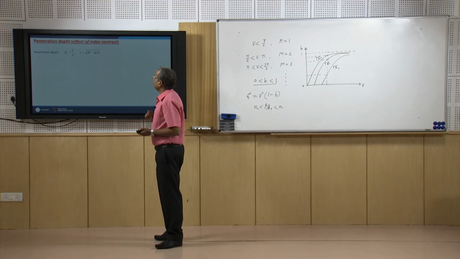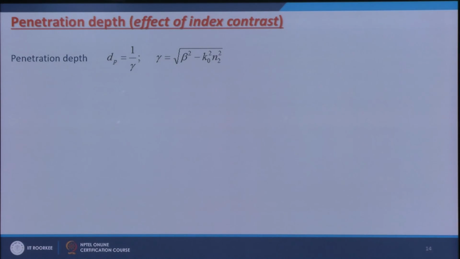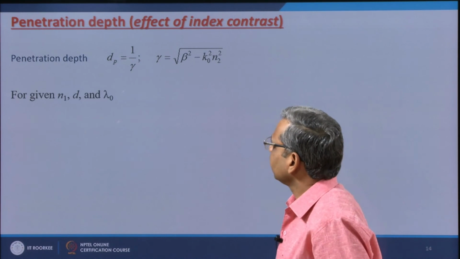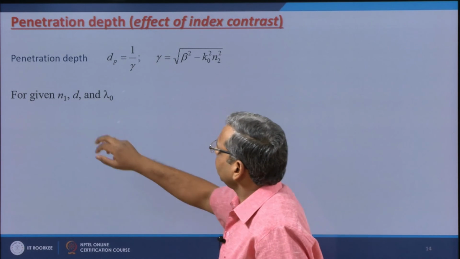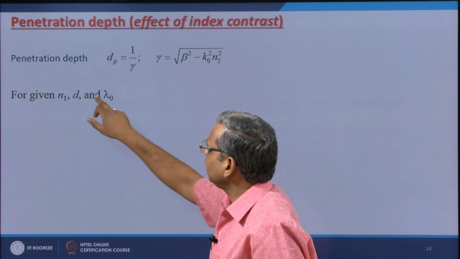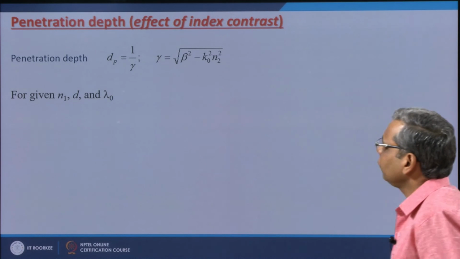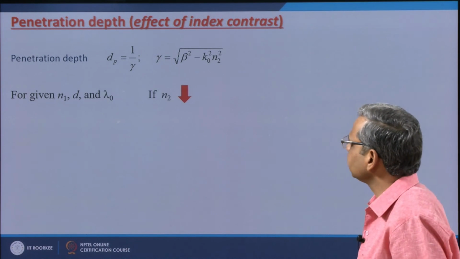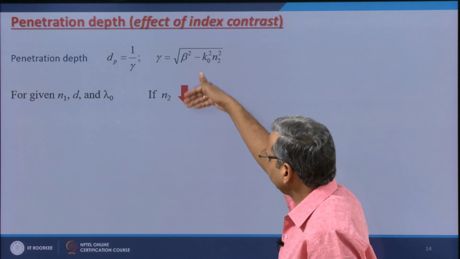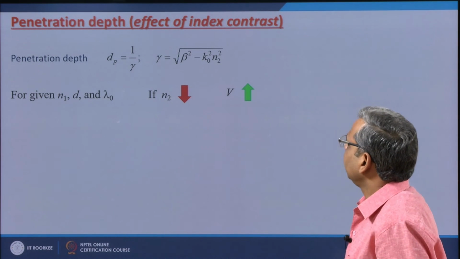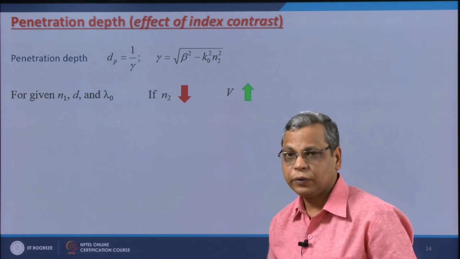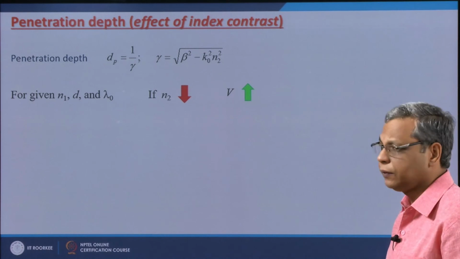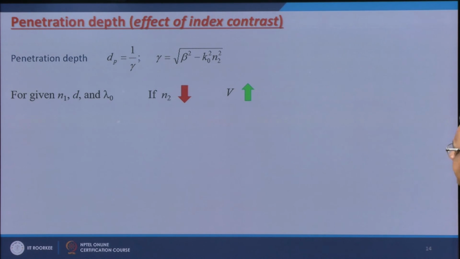What is the effect of index contrast on penetration depth? Again, the penetration depth is given by this. For a given N1, d and lambda naught, if I change the value of N2 and hence the index contrast, for example if I decrease N2, then the value of V increases, because N1 square minus N2 square increases.